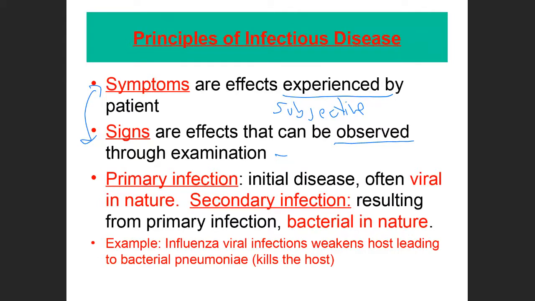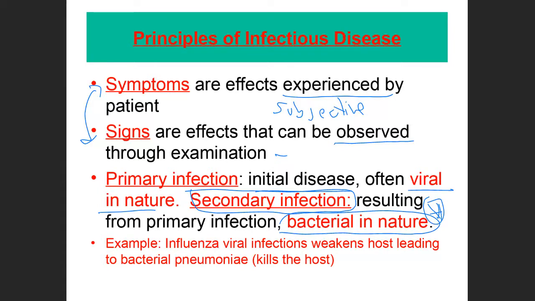Primary infections versus secondary. Primary infections are the initial disease, which are often viral in nature. The initial infection, the primary infection, weakens the immune system, opening the door for a secondary infection. Secondary infection is typically bacterial in nature, and that is the one that is really bad and oftentimes kills the patient.